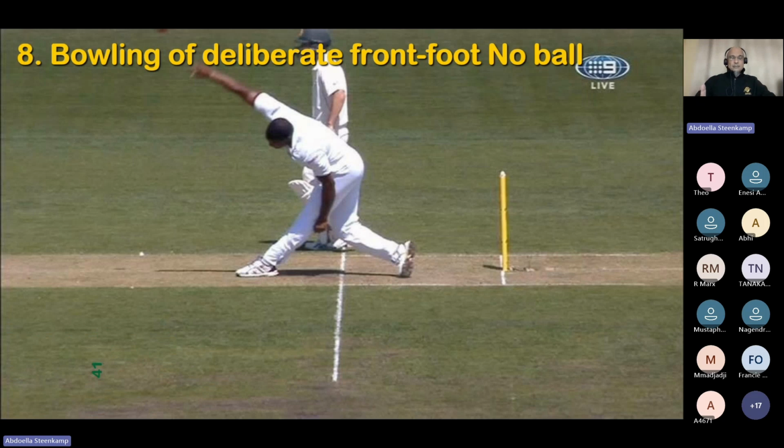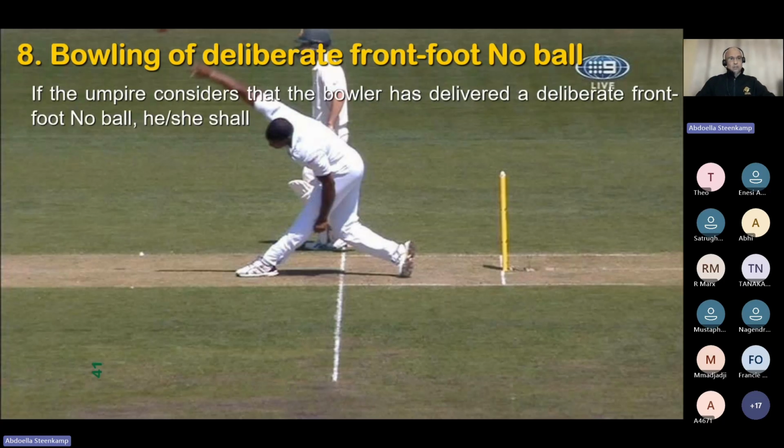The next subsection under Law 41 that I'm covering is the bowling of a deliberate front foot no ball. So it is your opinion as the umpire, and you need to make this call, whether you consider that the bowler has bowled a deliberate front foot no ball.